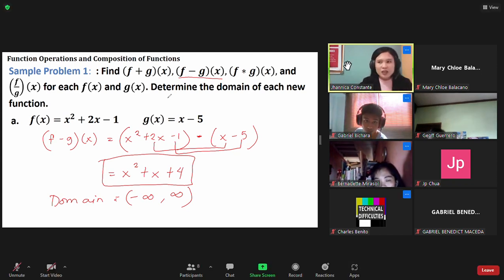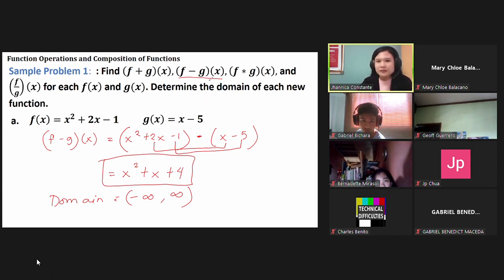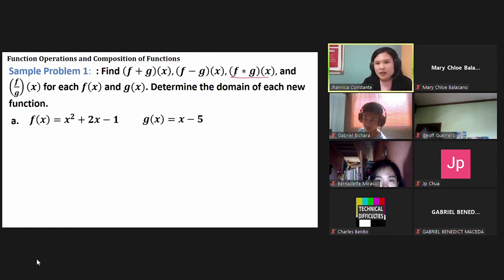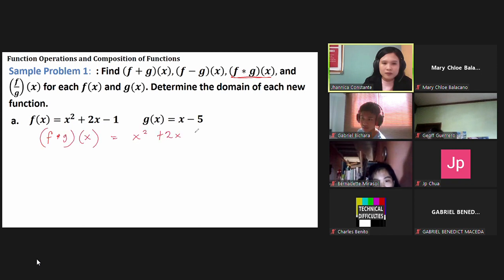So we can proceed with the next operation, which is multiplying the two functions that we have. So let's multiply the two given functions, which is f of x times x squared plus 2x minus 1, times the g of x, which is x minus 5.